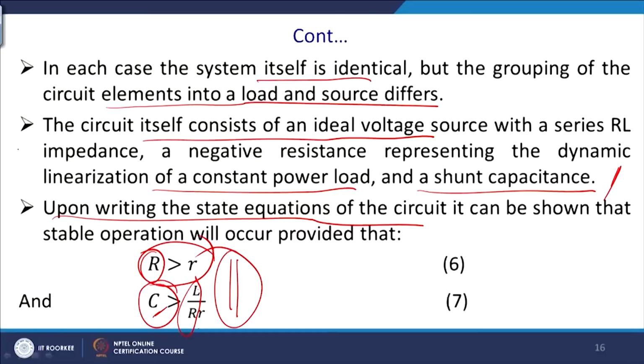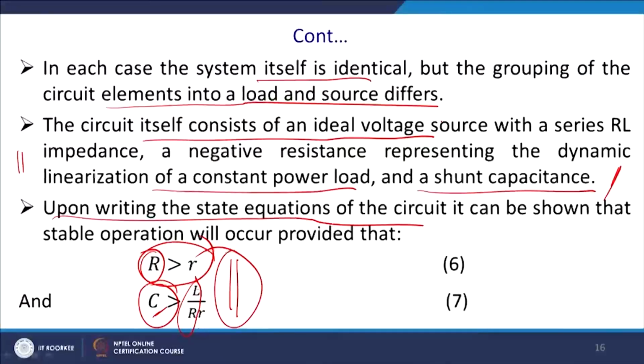And another point, here the circuit itself consists of the ideal source, that you have to keep in mind. But mostly in case of the microgrid, that kind of situation does not arise, because ultimately you have a solar entity, and thus you have a DC to DC converter, and it has got its own impedance.